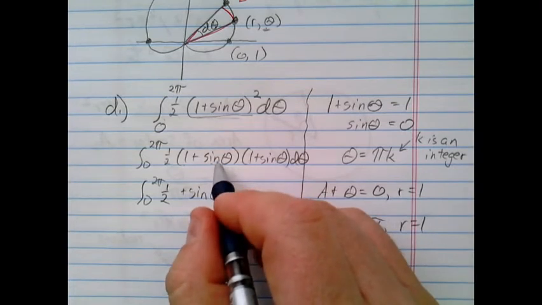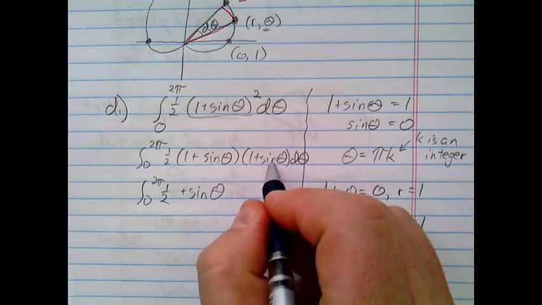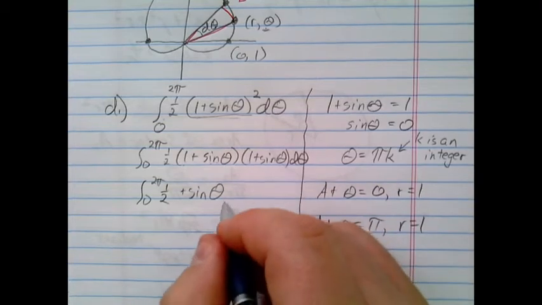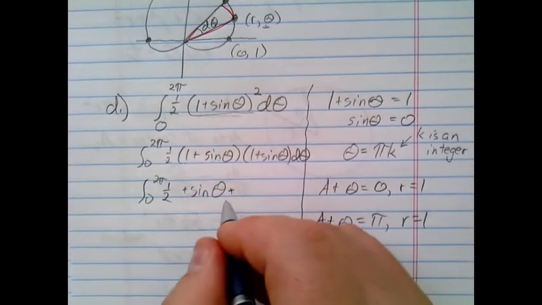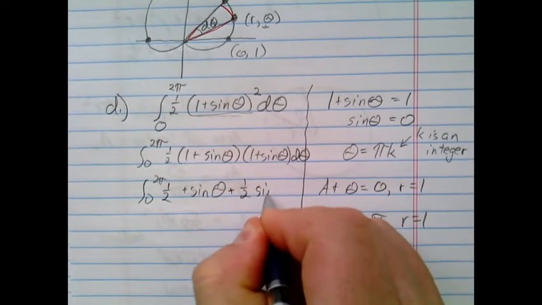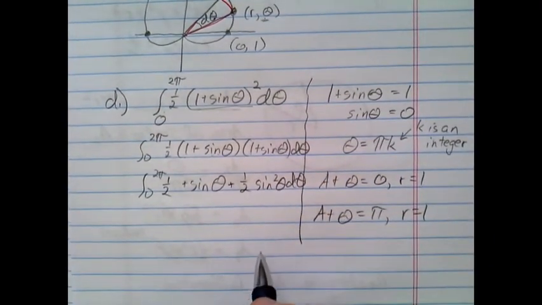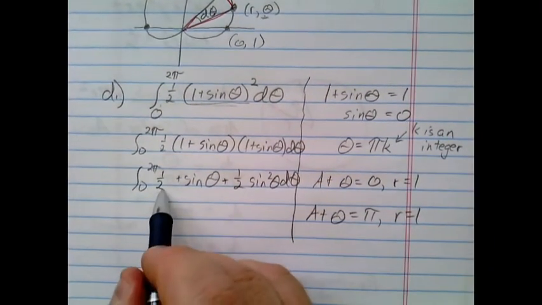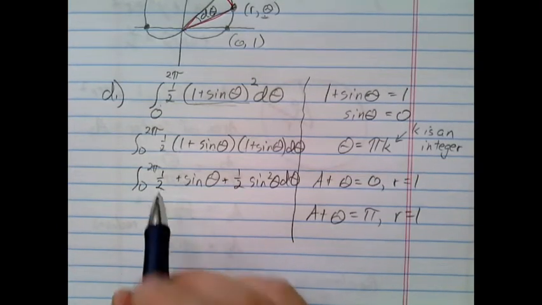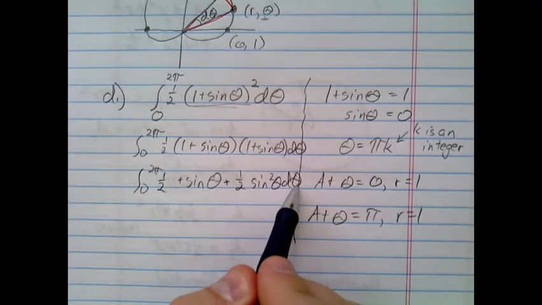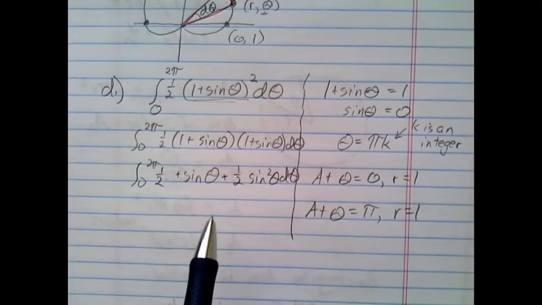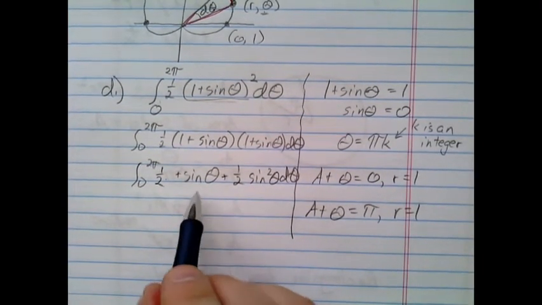And then sine theta times sine theta is sine squared theta, and again it gets multiplied by a half. Now this is easy to integrate because it's just a constant. When I integrate a constant, I just take whatever the variable of integration is and slap it next to the constant. Easy.